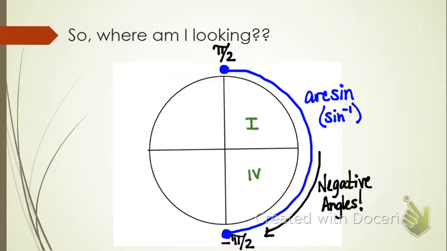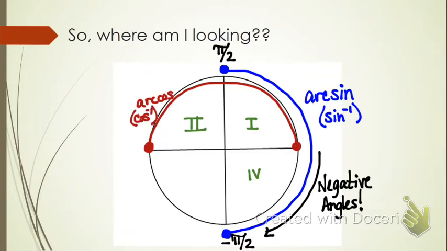Where are we looking on this unit circle if we're talking about cosine? 1 and 2. So for cosine, we're looking from here to here. So here's my arc cos, or cosine with my inverse notation.